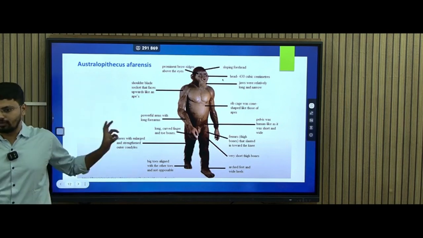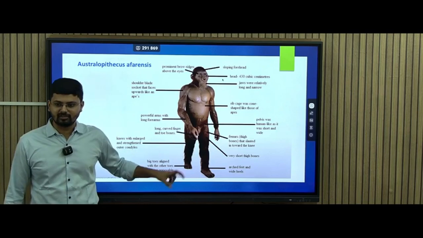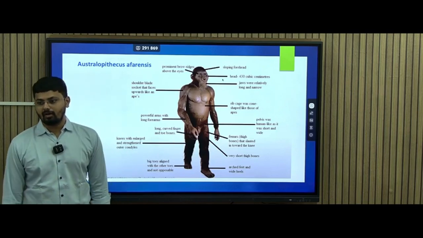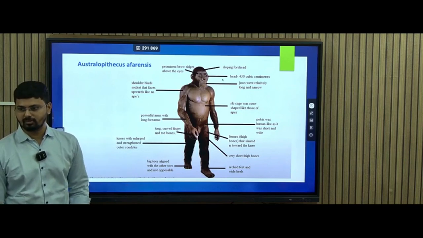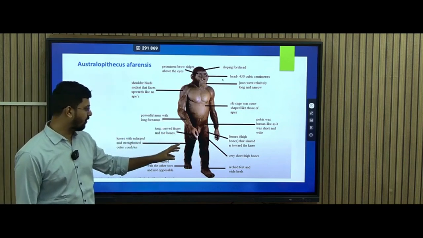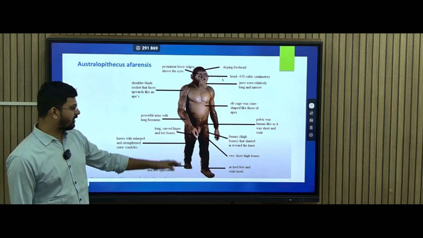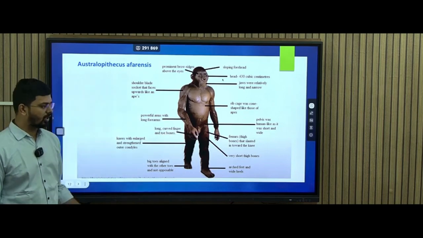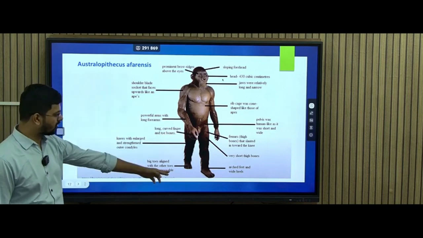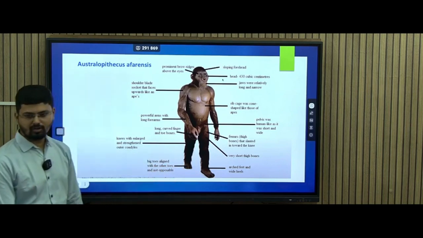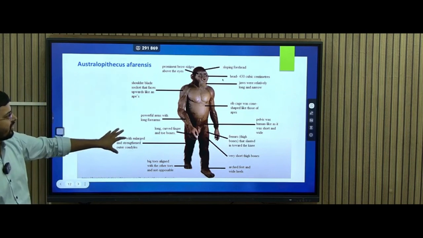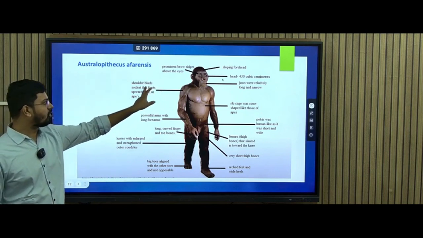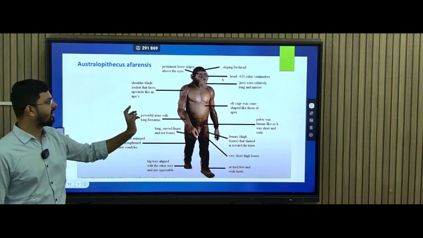But what's different here is that they have short thighs and long, powerful forelimbs. So arms are very powerful, with long curved fingers and toe bones. You can notice the toe bones are long. Fingers are also long. These are the basic features, and the shoulder blade socket faces upward like an ape's.